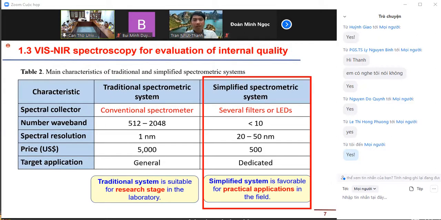However, it is difficult to apply for practical application in the field, because we spend a lot of money, and a conventional spectrometer is usually bigger than a simplified system. So in this study, we would like to make a simple system to use in the field. This is the main difference.